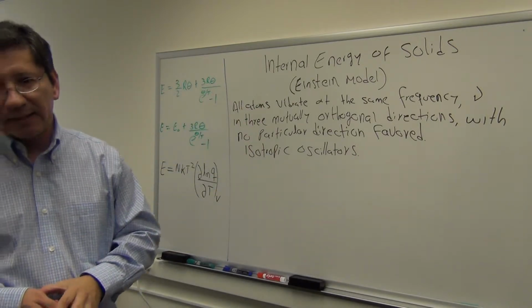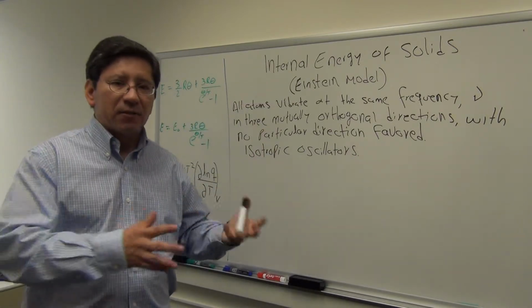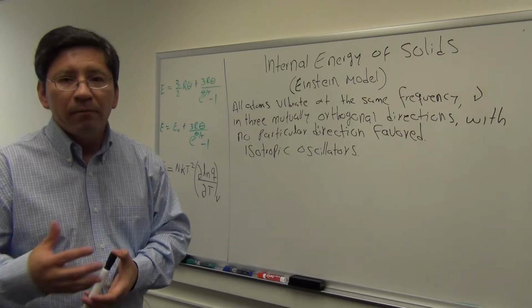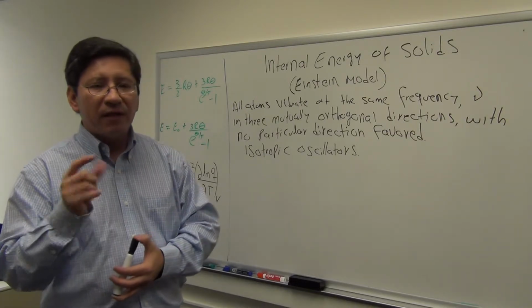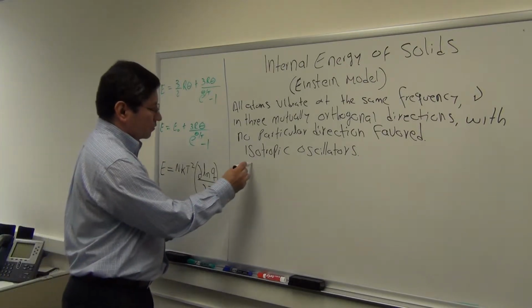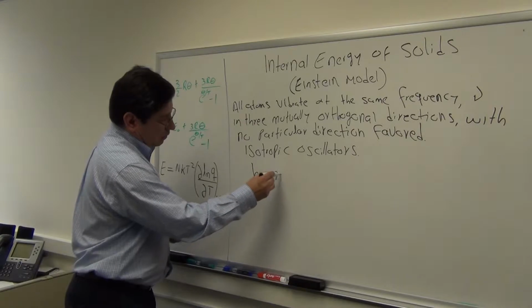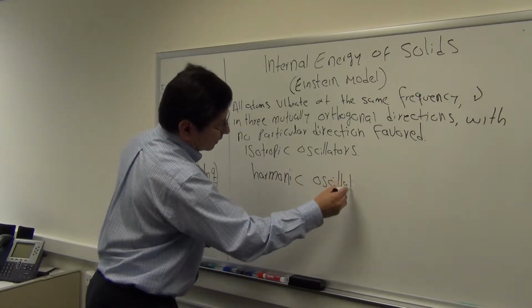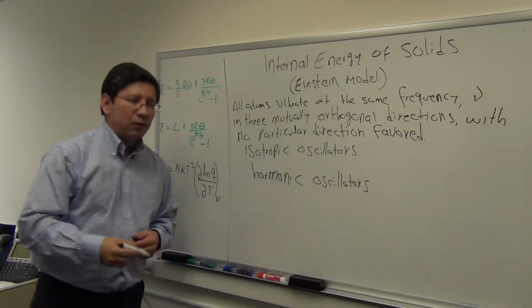To obtain an energy expression for the vibrational energy state of the atoms in the solid, we need to assume a model for it. So we think of these as being harmonic oscillators. And why did Einstein want to do that?